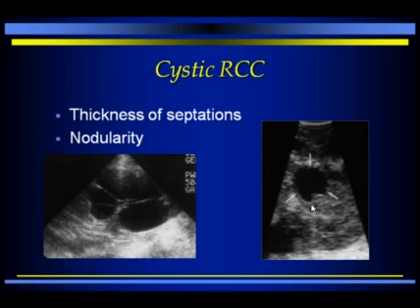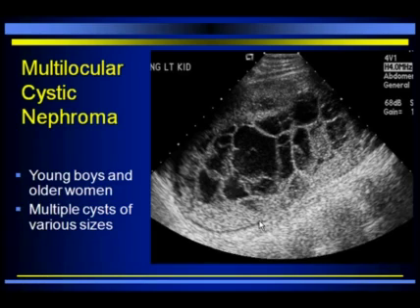So it's very important to realize that there's sort of a spectrum of simple cyst, which is leave me alone, cyst with one thin septation, leave me alone. But as the septations start to become multiple and thickened, one has to follow them and be concerned about the possibility of cystic renal cell carcinoma.